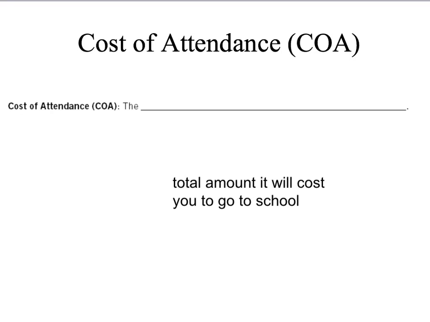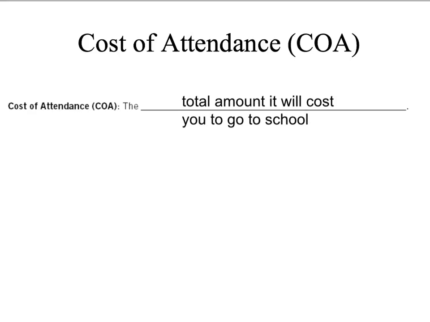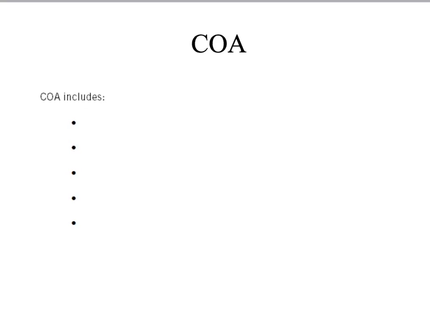And this is a definition that comes straight from the FAFSA website. It's the total amount that it will cost you to go to school. We're going to break it down as far as what does that mean and all the things that are included in that. But the cost of attendance, or the COA, is the sticker price, and that's just the total amount that it's going to cost.